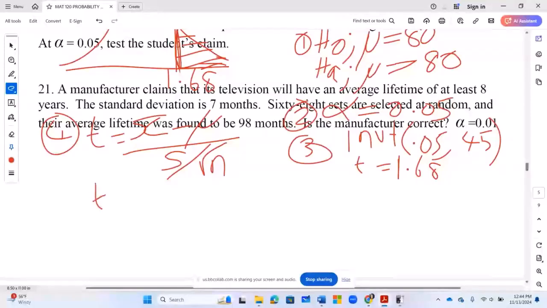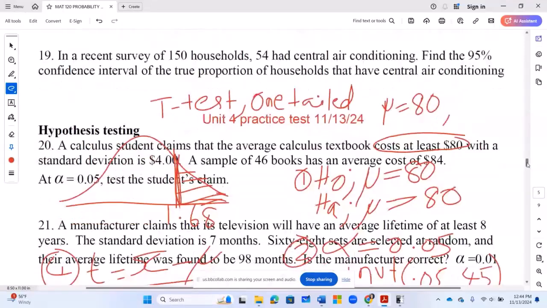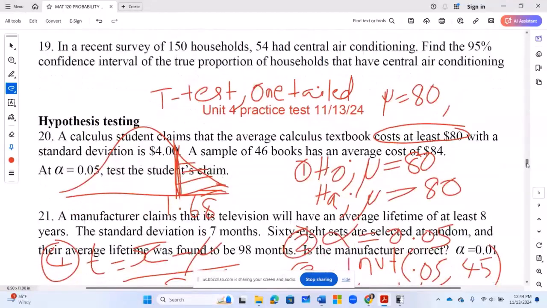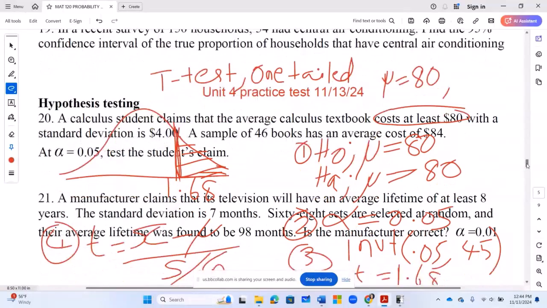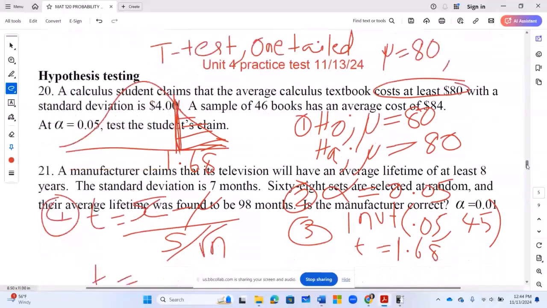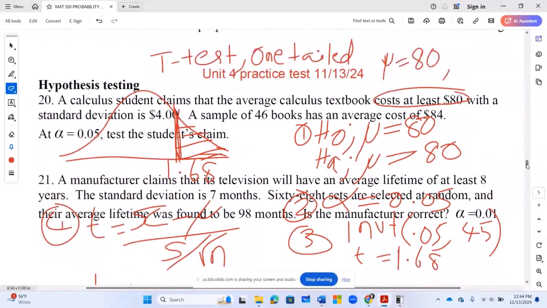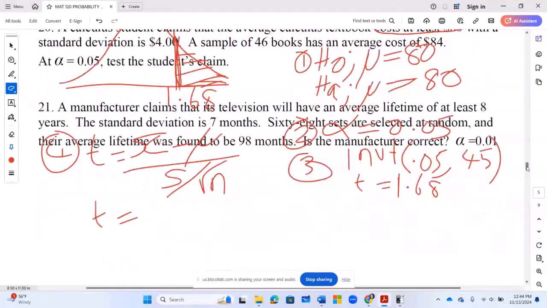The sample mean x bar is 84. So it is 84 minus the status quo, divided by the sample standard deviation, which is 4, divided by the square root of sample size, which is 46.